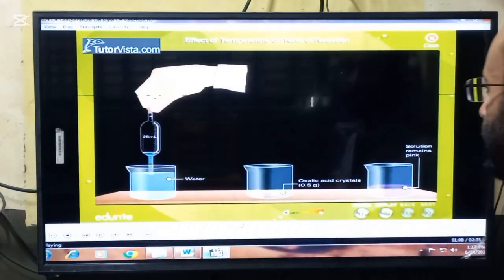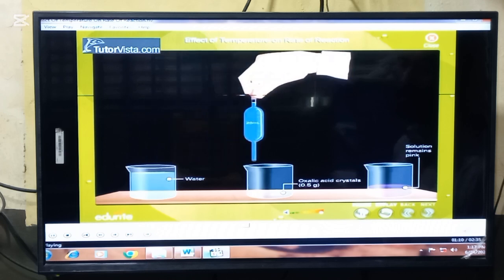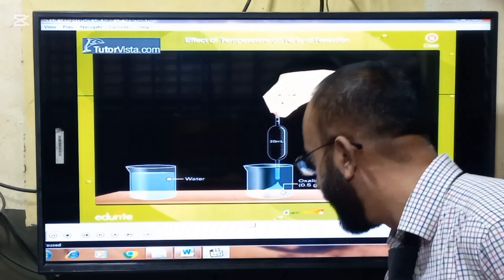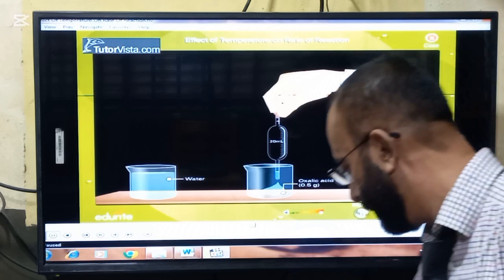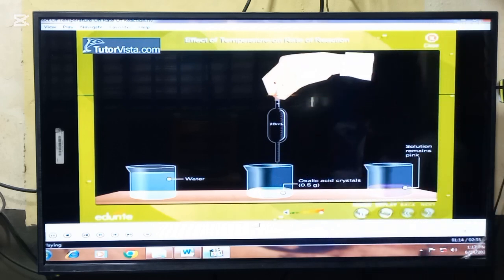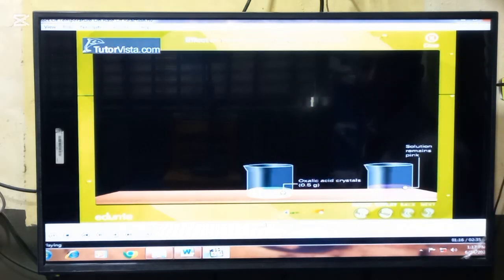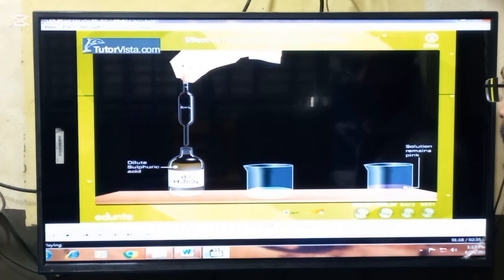Then, in another beaker, prepare the oxalic acid solution in the same way as prepared earlier. So look now, the quantities of the reactants are the same. Add the same amount of dilute sulfuric acid to it.